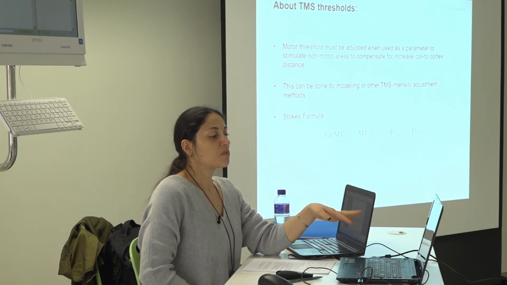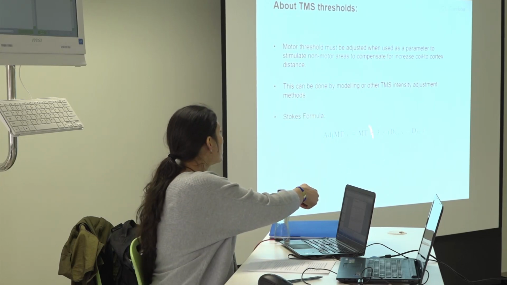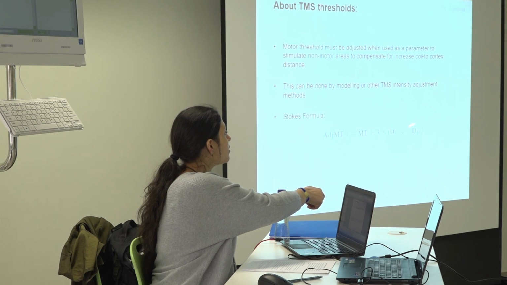Or we can use the Stokes formula, right? So you have this formula, and it says the adjusted motor threshold percentage is equal to the motor threshold I got, for example 60, plus 3 times the distance of the region I want to stimulate minus the distance of M1. But which ones are these distances?